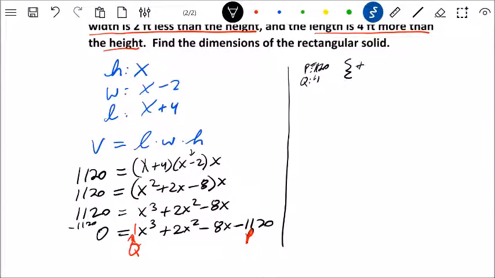So that means it's going to be plus or minus 1, plus or minus 2, plus or minus 4, plus or minus 5. So there's a whole bunch of them that we can do.